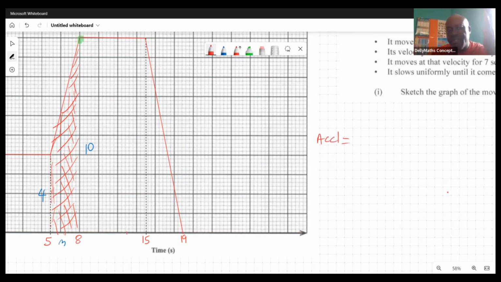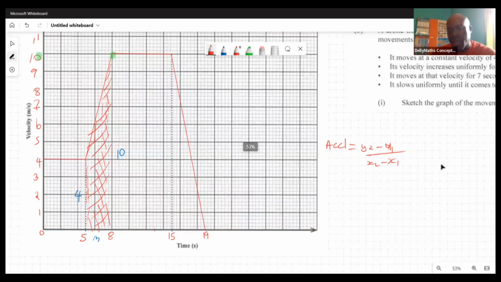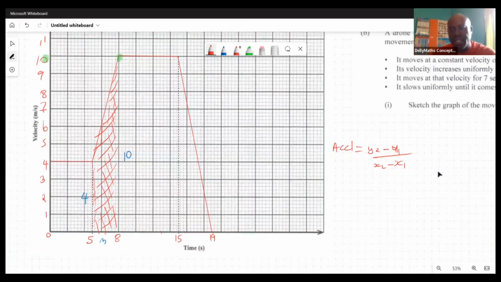Acceleration is actually the gradient of that line that you're looking at. Remember, gradient is y2 minus y1 over x2 minus x1. You could look at it as change in velocity over change in time. It's the same concept. The velocity is the vertical axis, and the time is the horizontal.